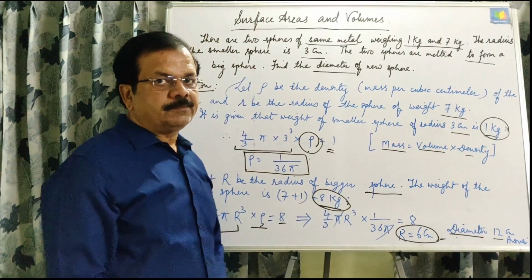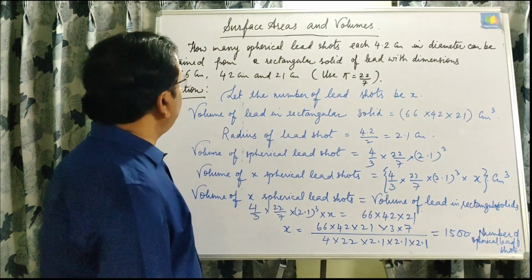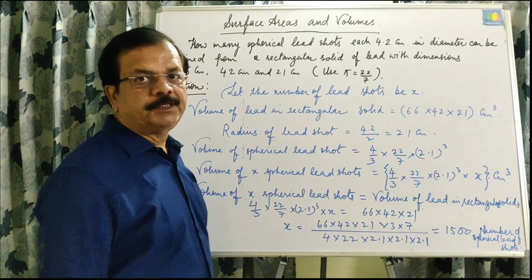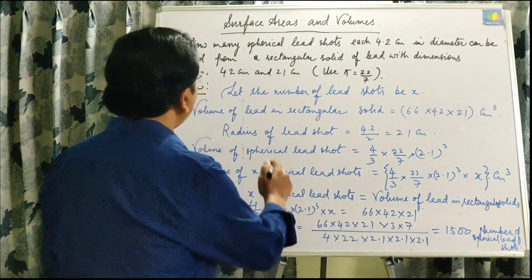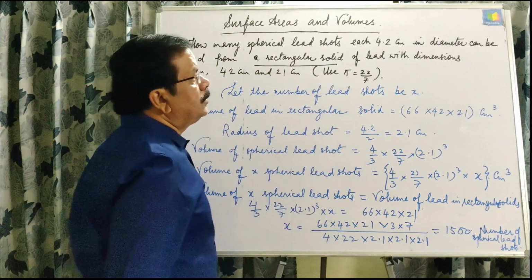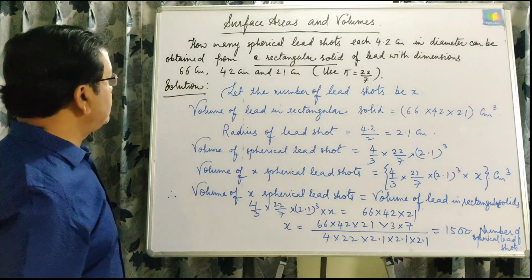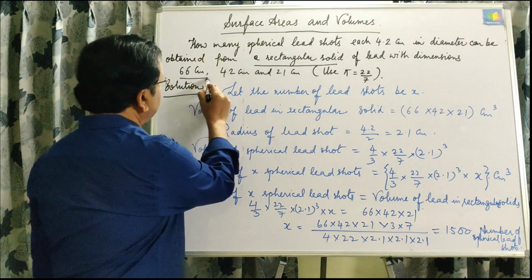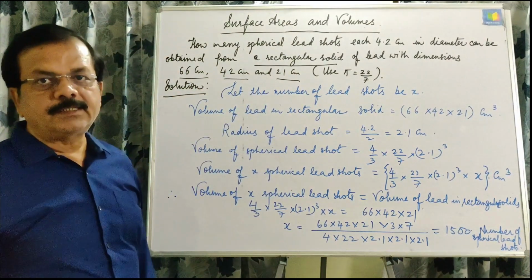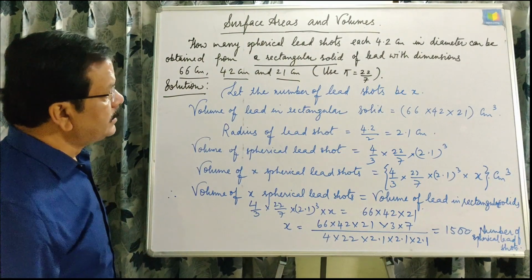Now the next question. How many spherical lead shots, each 4.2 centimeter in diameter, can be obtained from a rectangular solid of lead with dimensions 66, 42 and 21 centimeter? Use pi is equal to 22 by 7.